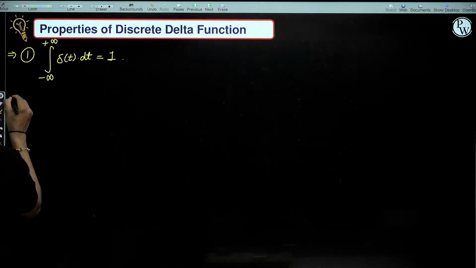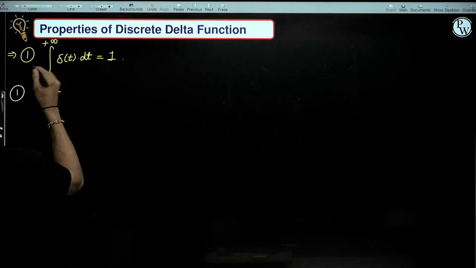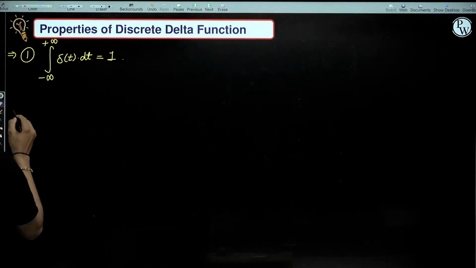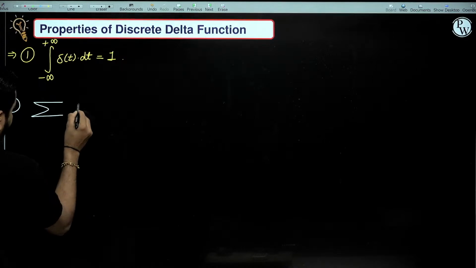In a similar way, guys, what is the area of the discrete impulse? What does area mean? Summation.